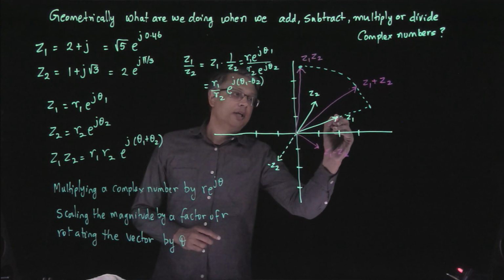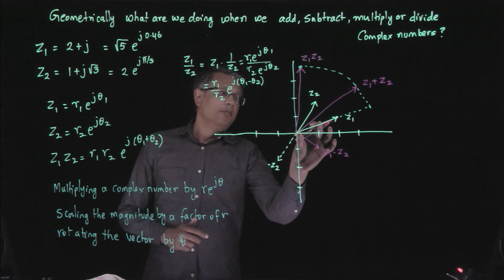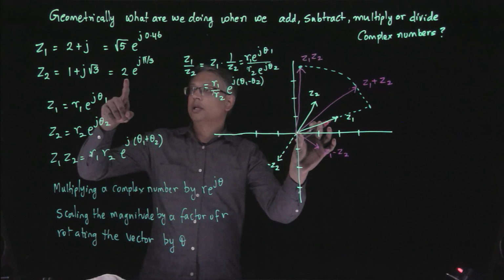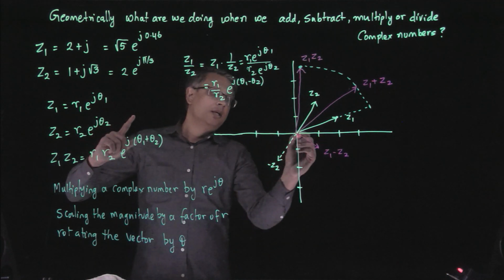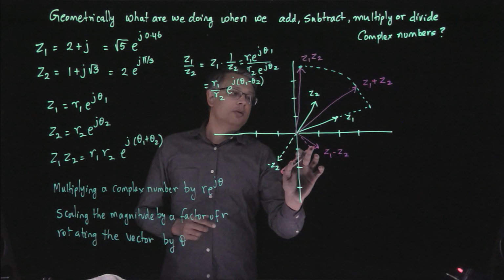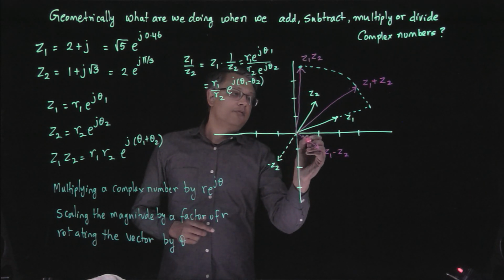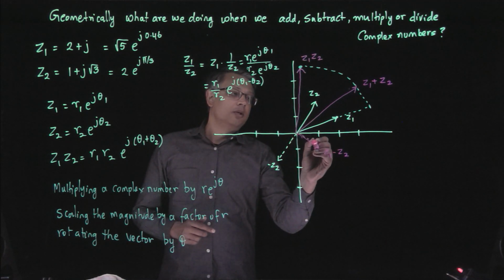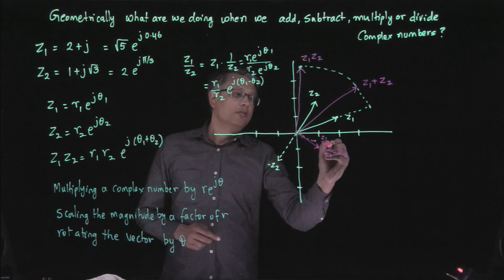First we take this vector, we shrink it by a factor of 2 because the magnitude of z2 is 2, and then we rotate 60 degrees. That puts it somewhere here. Well, I don't know whether it's going to be to the right of this vector or to the left of this vector. I invite you to figure this out. So the answer is going to be somewhere here.